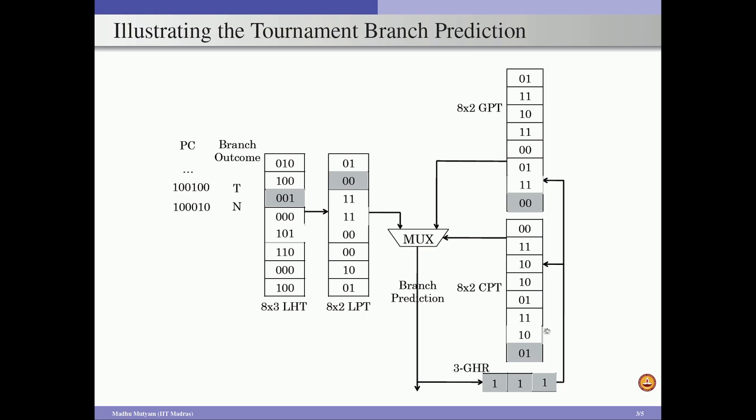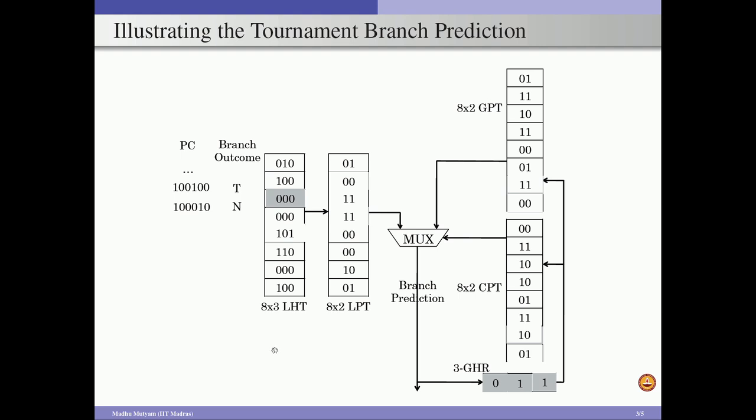And so, we are updating this CPT to make it tend to the local predictions. And finally, we have to insert this value into our LHT and GHR. After that it will become 0 0 0 here, and it will be 0 1 1.